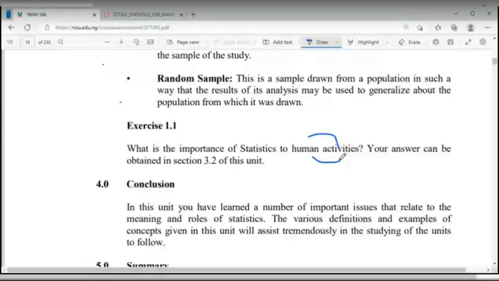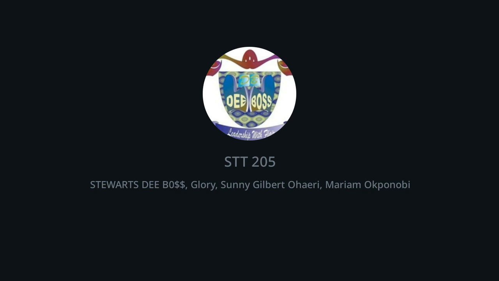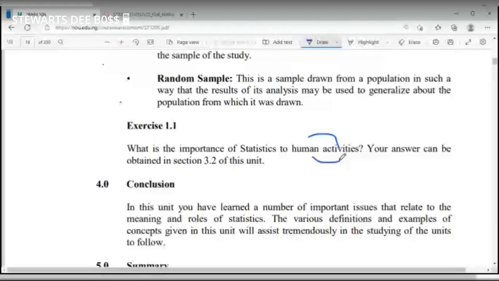Whereas statistic is more about the score of each individual in a given data. So when we have statistic, there is no S on it, and then when we have statistics, which has S.